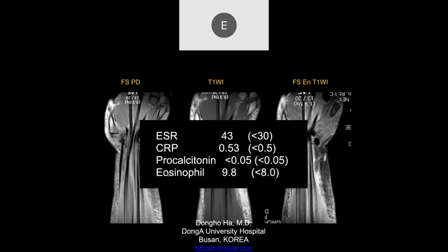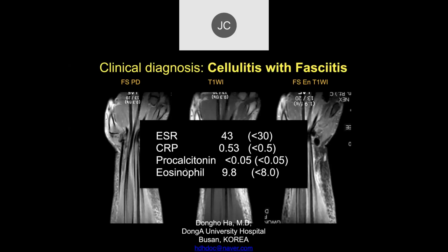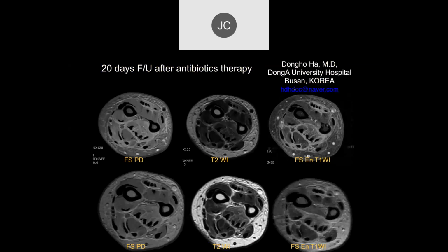Okay. Yeah, good. So the clinical diagnosis was indeed that it was cellulitis with fasciitis. So they put the patient on antibiotic therapy, and this is 20 days later after being on antibiotics. It looks very similar.